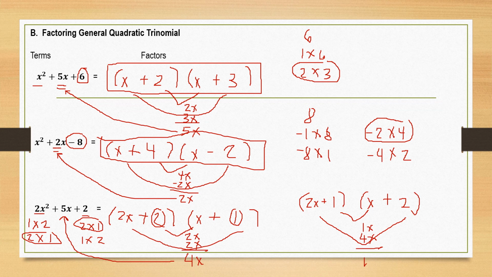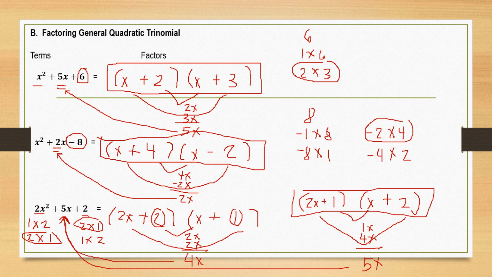When added, that is equal to 5x, which matches the middle term of the trinomial. Therefore, these are the factors of the given quadratic trinomial.